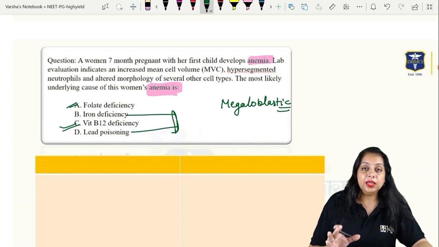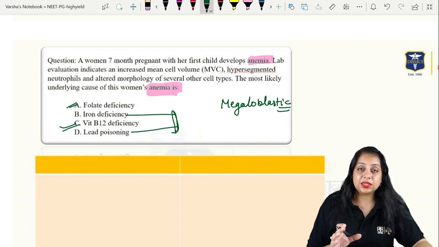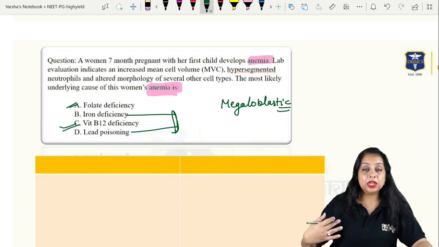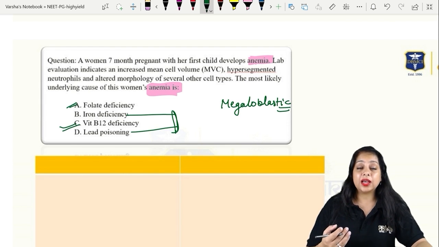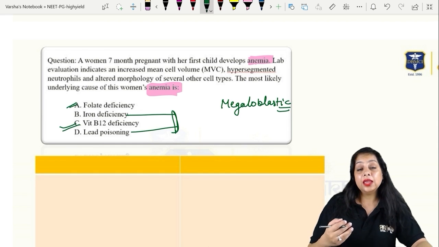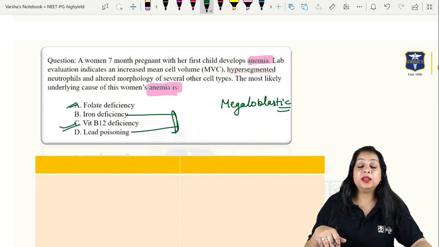Pregnancy is definitely indicating the biggest risk factor, which is folate deficiency, because the body is nourishing the fetus. Lots of DNA is being made. The DNA synthesis process is very high, and DNA synthesis requires purines and pyrimidines. They require tetrahydrofolate.